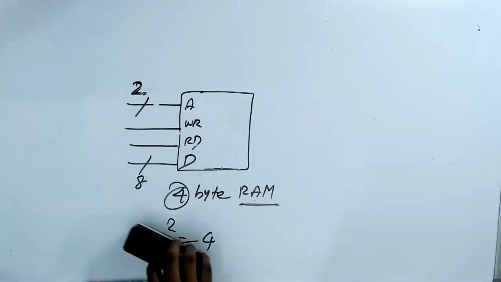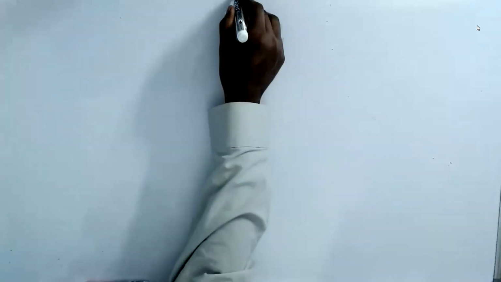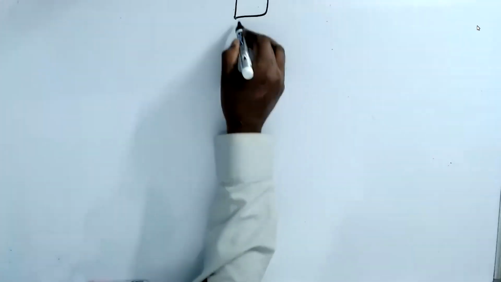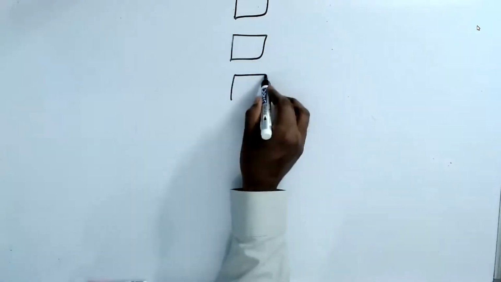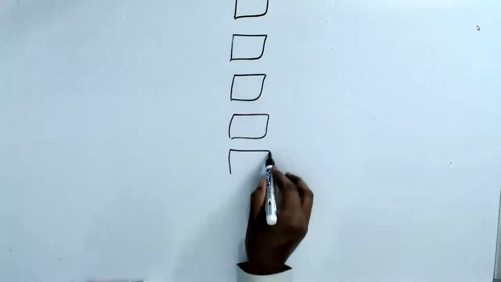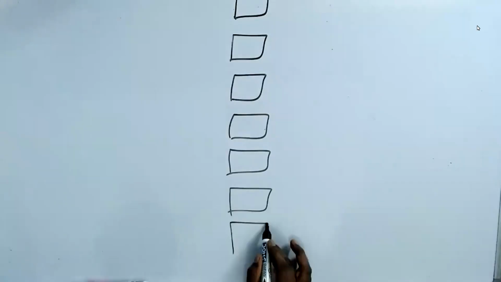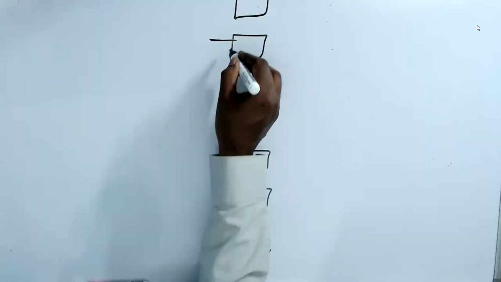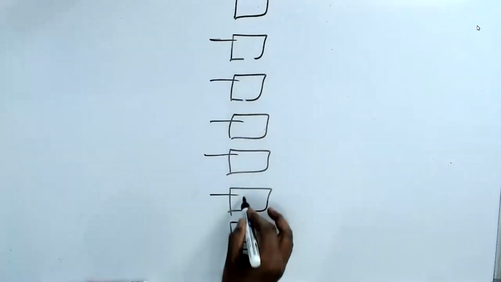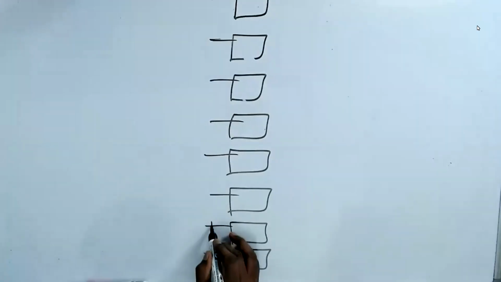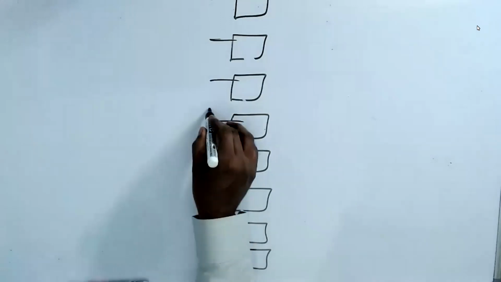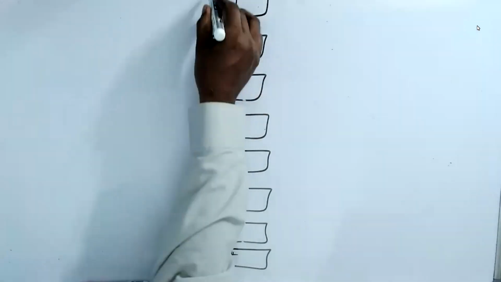Now think of it. I want to have an 8-byte. What people did was they put 8 1-byte blocks, 8 blocks. Understand? All of them are having a data D, which are connected. When I say all D, all are connected. I don't have to show connection through wires.